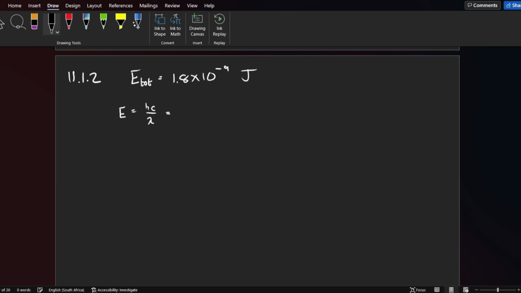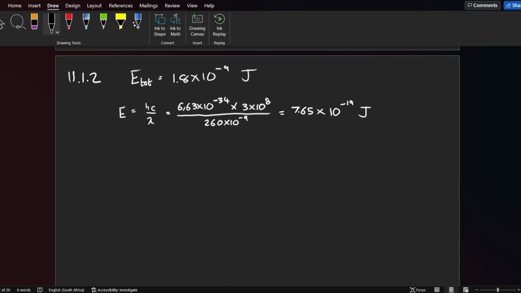So we can substitute into there. h is Planck's constant, 6.63 times 10 to the negative 34, multiplied by the speed of light, divided by the wavelength, which was 260 nanometers. And you'll get the final energy value for one photon to be 7.65 times 10 to the negative 19 joules.